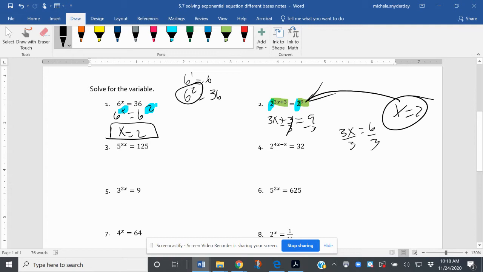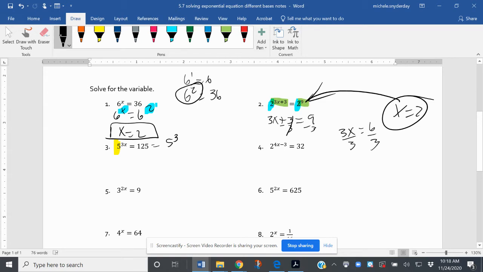Number 3, you want to go back and look at your chart because we need to get our bases in terms of 5. And if you look back at your chart, and you can see as you go down that to get 125, it's going to be 5 to the third power. 125 equals 5 to the third power. It was in your chart from yesterday.